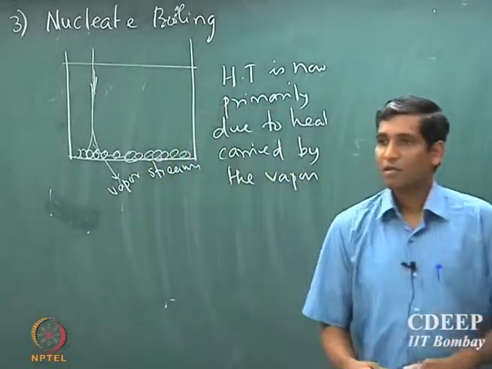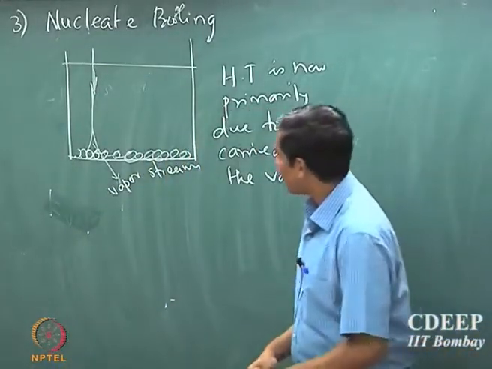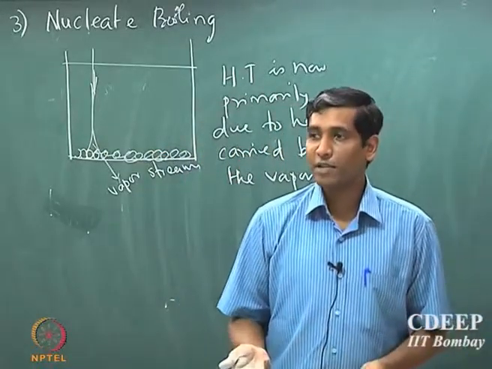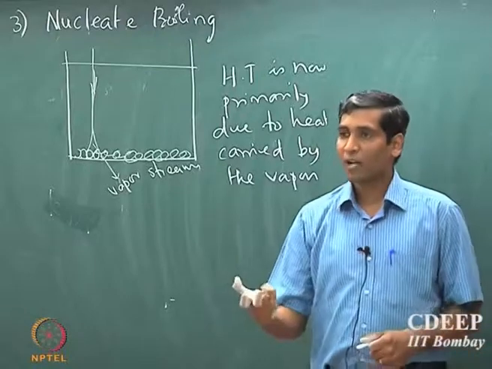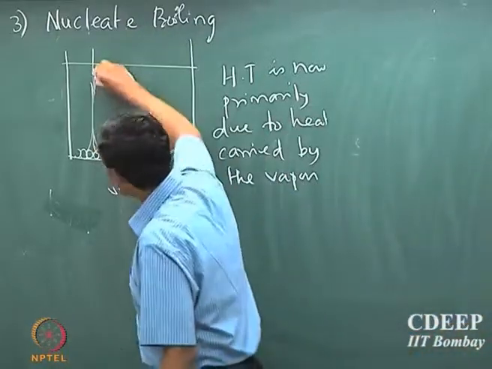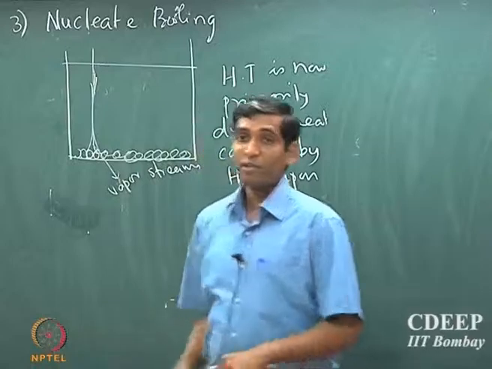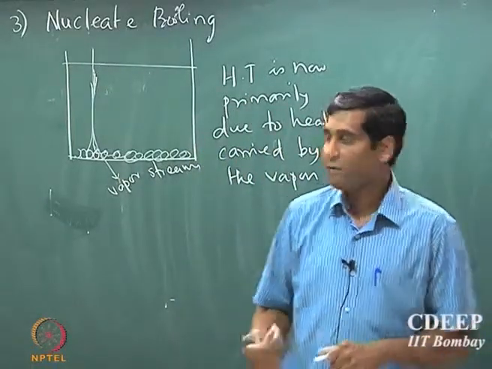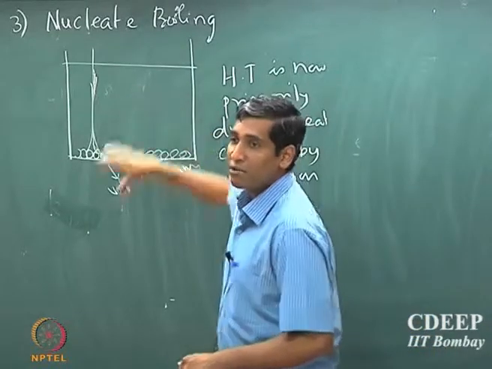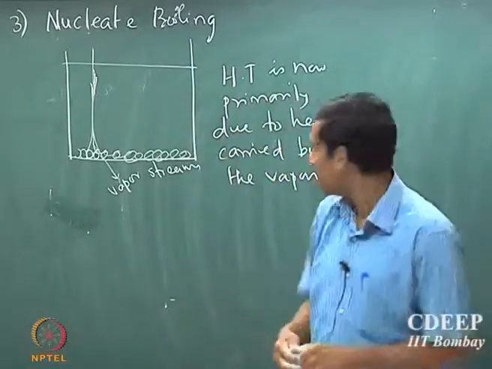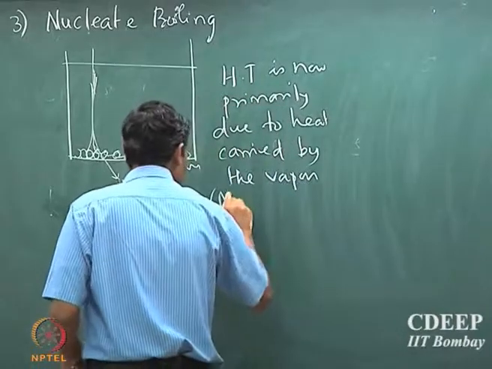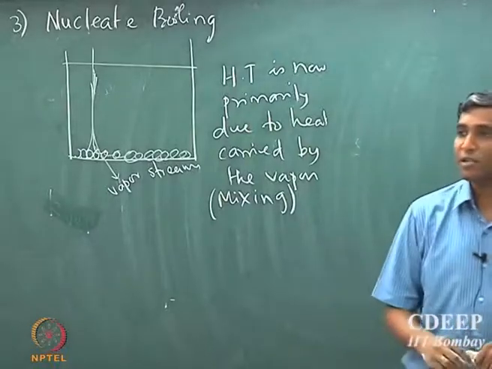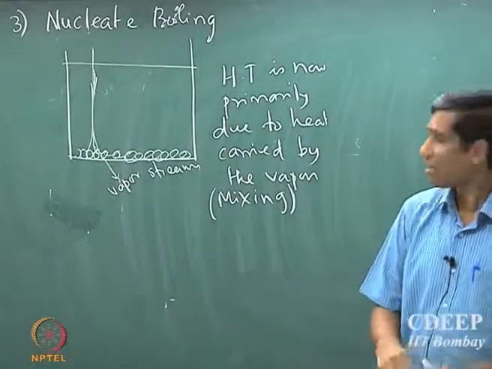Okay. So the heat is primarily carried by the vapors because the density of the vapor phase is significantly smaller, and so the coalescence will occur very quickly and they also move very quickly. This is actually going to increase the recirculation in the fluid in this chamber, and so vigorous mixing will be introduced at this particular stage.